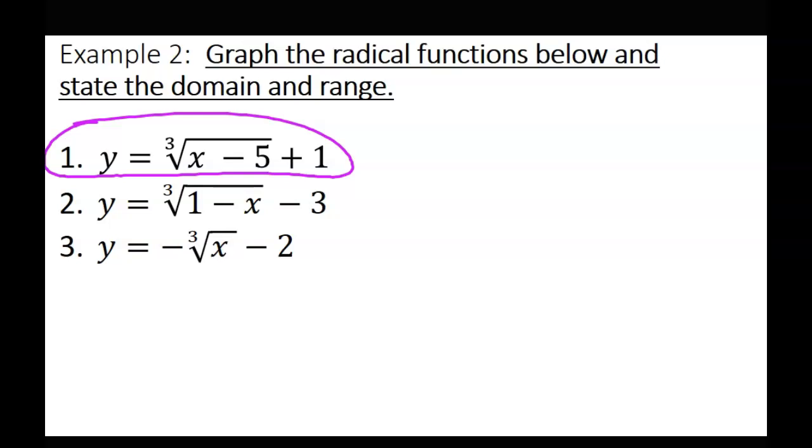Okay. So pretty much the same thing as square root. So you want to start with your starting point here. What is the starting point? 5, 1. Notice that I've got a positive B and a positive A. So there's my starting point.